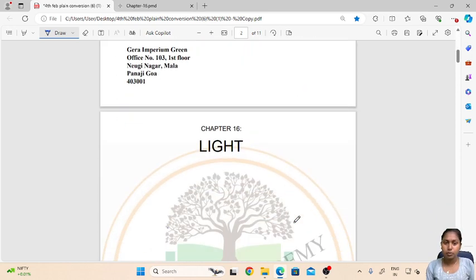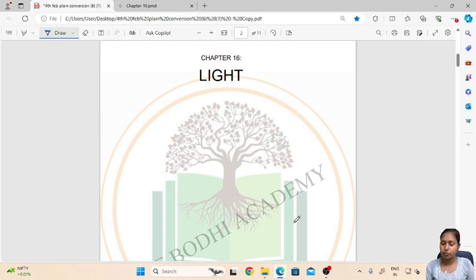So in today's video we'll continue with the chapter on light. In our last video we saw that when light passes from a light source, this is a mirror, and this is the reflecting surface of a mirror.